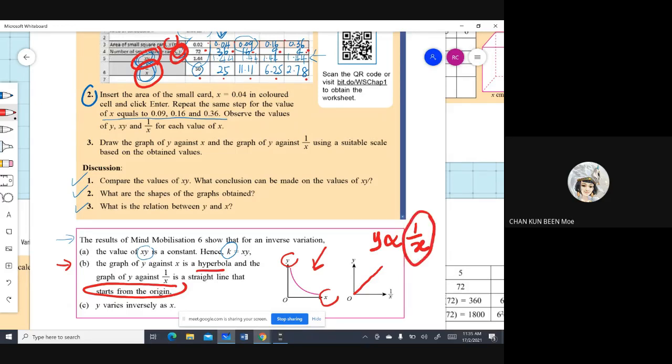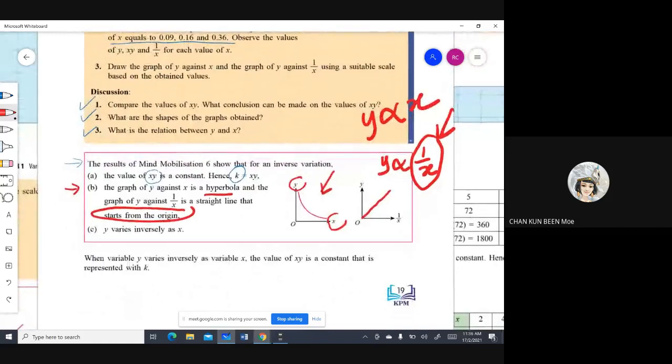We only mention y varies directly as 1 over x, but when it comes to x, we name it y varies inversely as x. Now let's continue down here. When variable y varies inversely as variable x, the value of xy is a constant, that is represented with k.